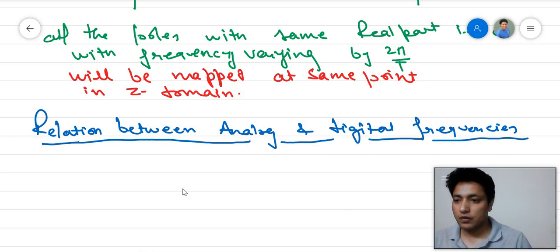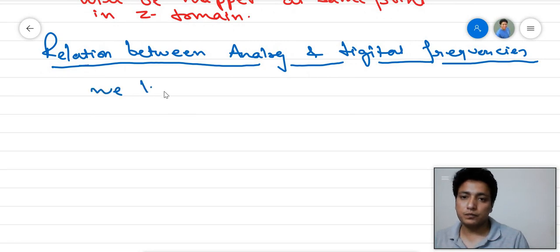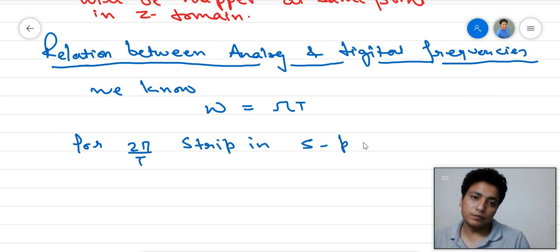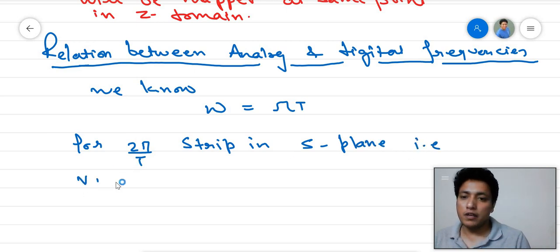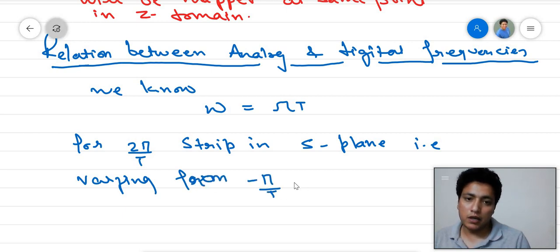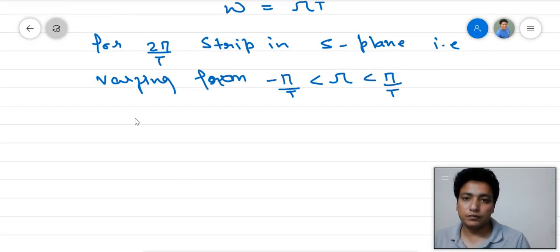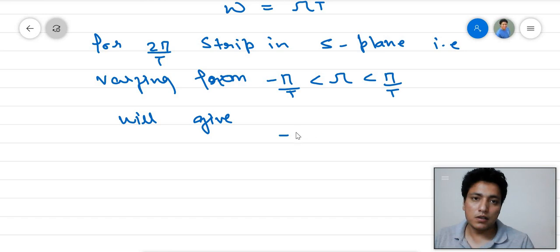So we know omega is equal to omega T, and for the 2 pi by T strip in the S plane, that is varying from minus pi by T to pi by T, will give omega from minus pi to pi.